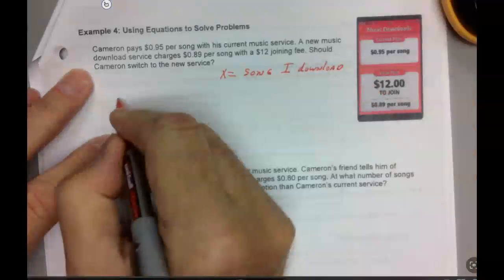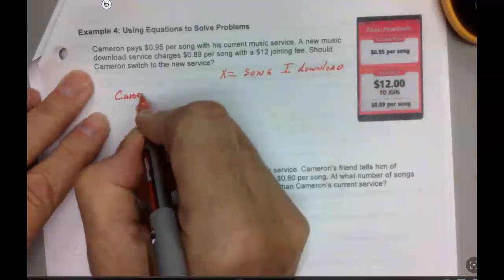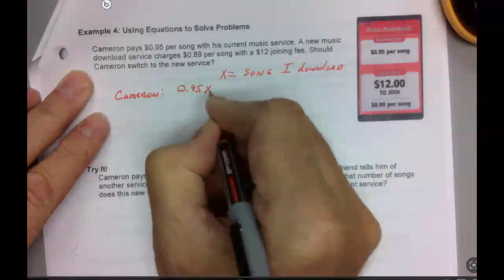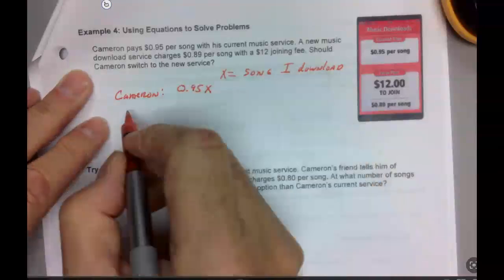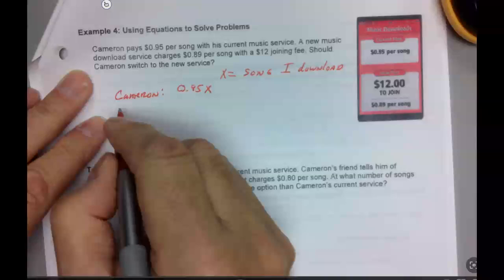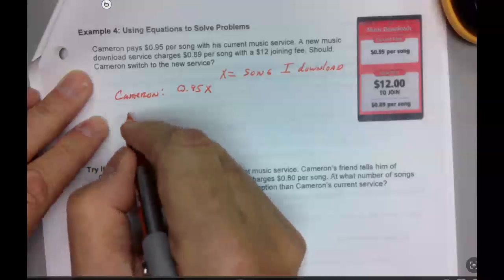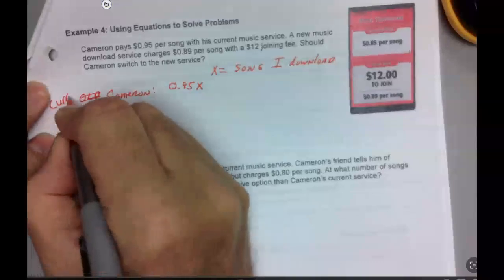So this first one says, Cameron pays 95 cents per song with his current plan, right? A new music download service. So this is his old one, or current one, right?